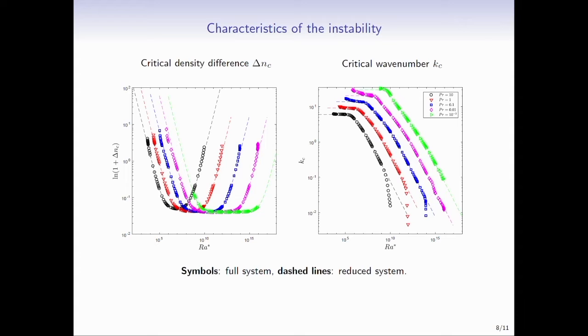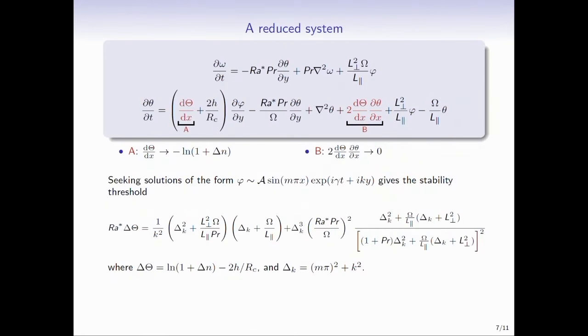This behavior is basically because my Rayleigh number pops up in two equations in the plasma problem. It pops up in the vorticity equation, where this is the interchange drive term, which is the direct analog of the buoyancy drive in convection, and this term is known to be destabilizing. It's what's responsible for the instability in convection.